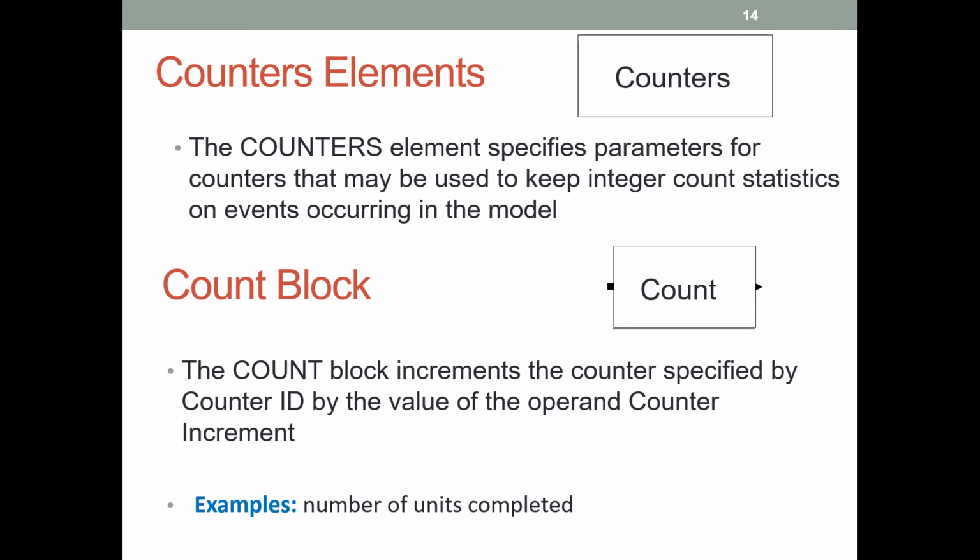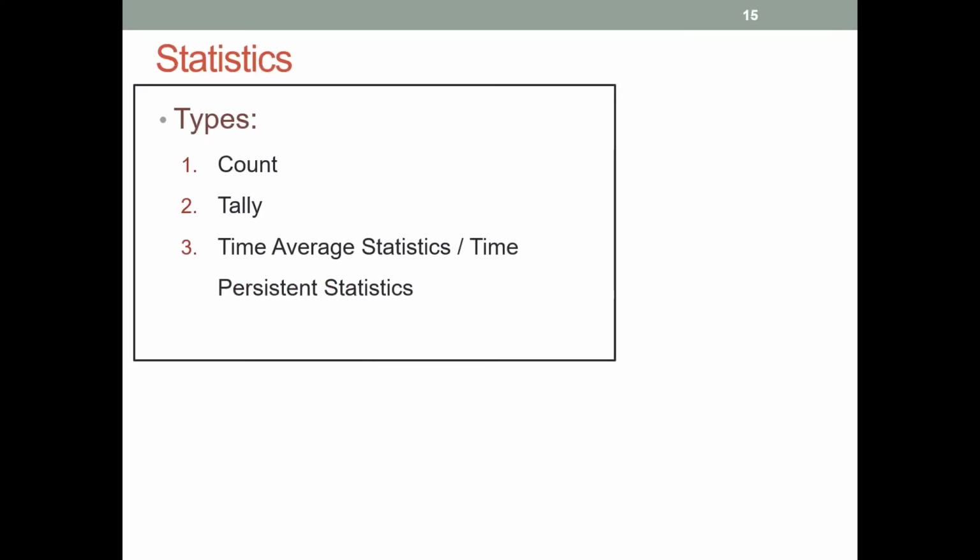So we define those software-defined functions that allow you to compute those statistics, and we implemented those in the output elements. So we discussed the differences between these three: the count, the tally, and the time average statistics.